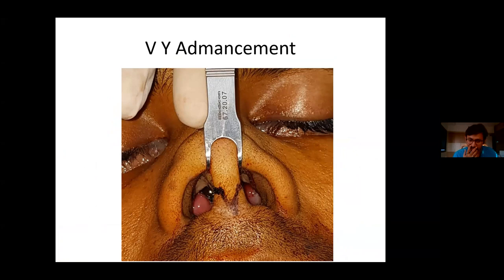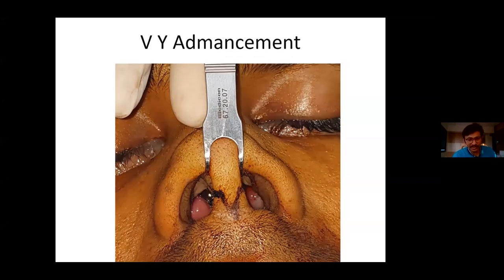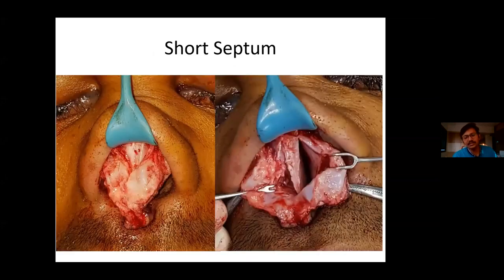In such cases, to lengthen the columella, you may have to take a VY advancement incision. So here a VY advancement incision is taken, and as you can see, the septum is very short. So in such cases, you have to use a septal extension graft to increase the length of the nose, or you may have to do total septal reconstruction.